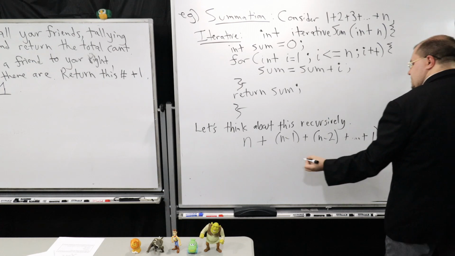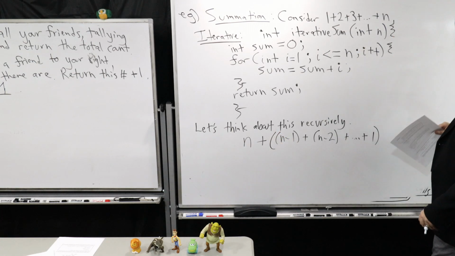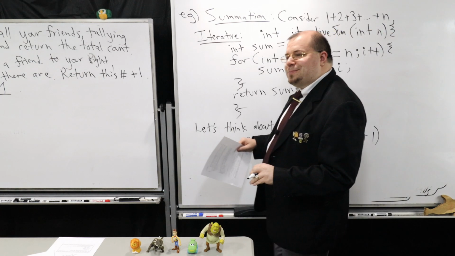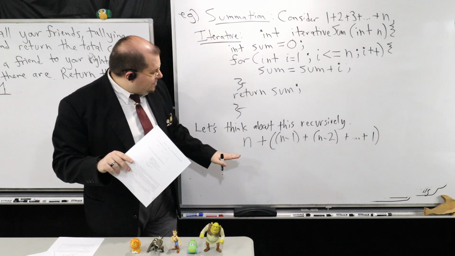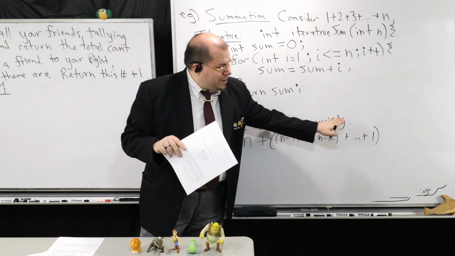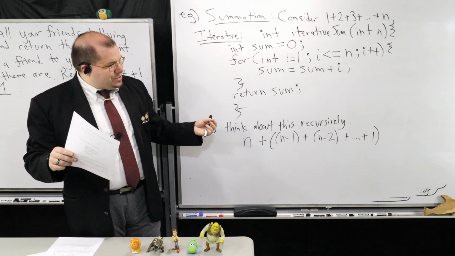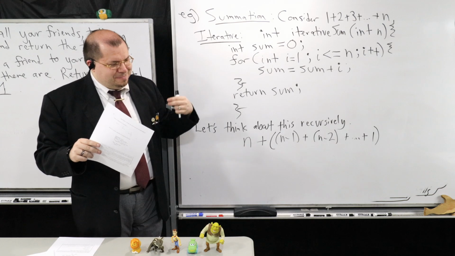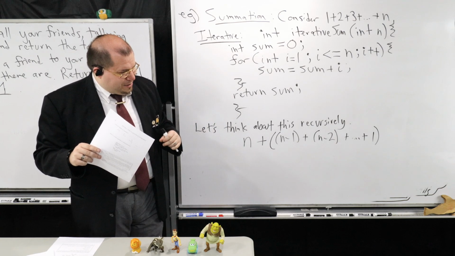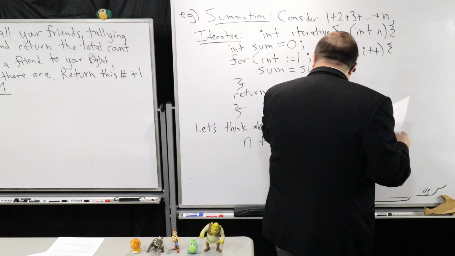Well, notice that if I want to compute the sum, it's just n plus all of this, right? Just all of that. Well, you could also describe that process over there, very similar to what I just did here. But what's this?